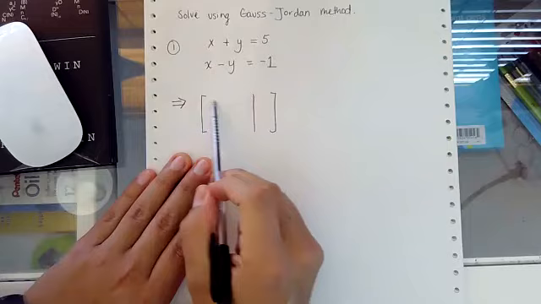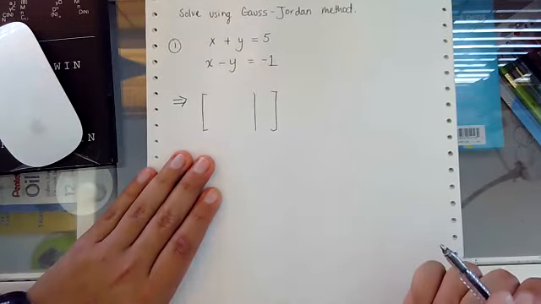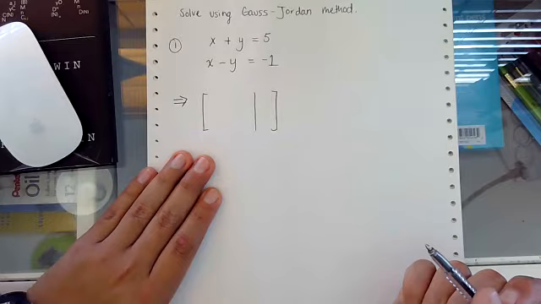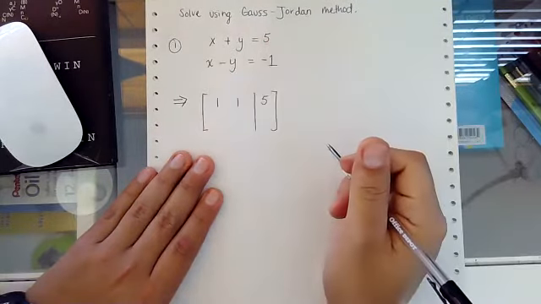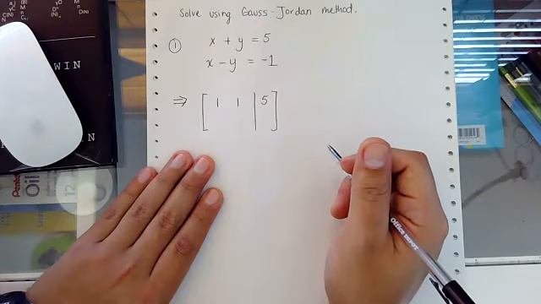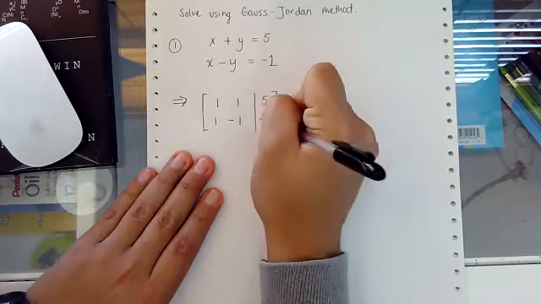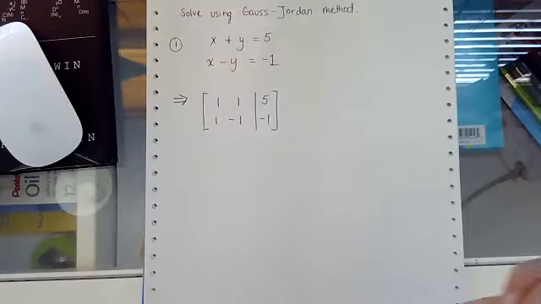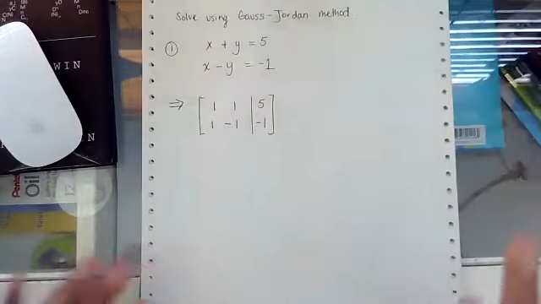And what should the first row of the matrix be? 1, 1, and 5. Yeah, 1, 1, 5. And the second row? 1, -1, -1. Yeah. Is anybody lost on that?